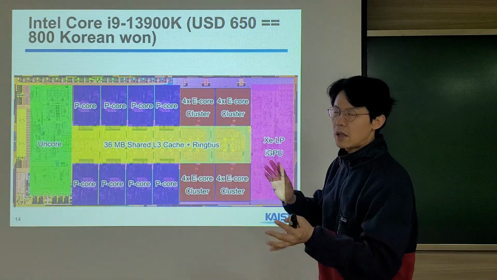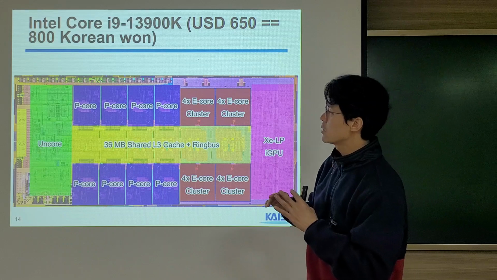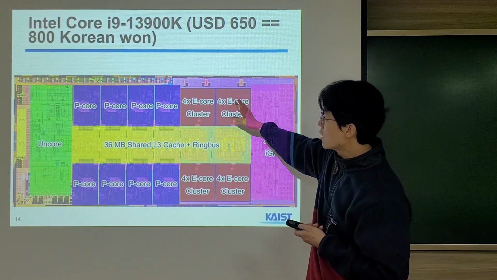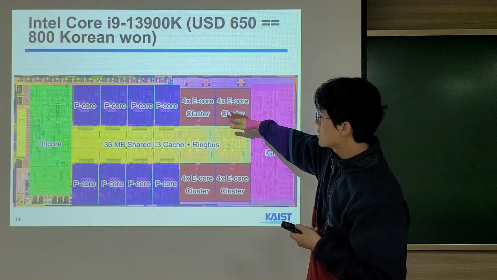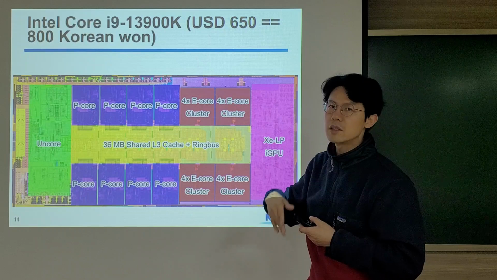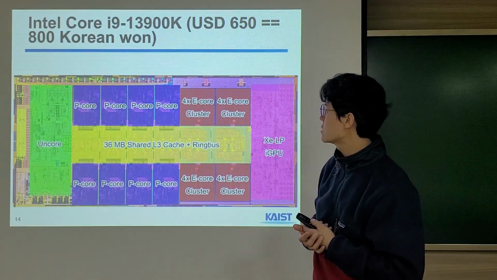Depending on the operation or application, they can apply different sets of cores. But compared to the GPU, it has far fewer cores. That's why Intel chips are lagging behind in supporting recent deep learning applications.